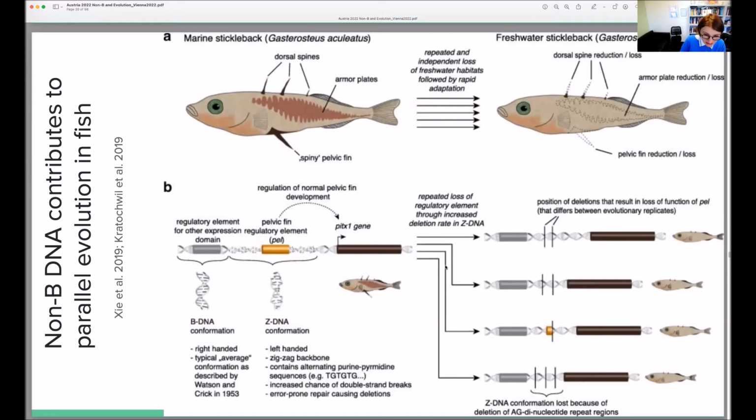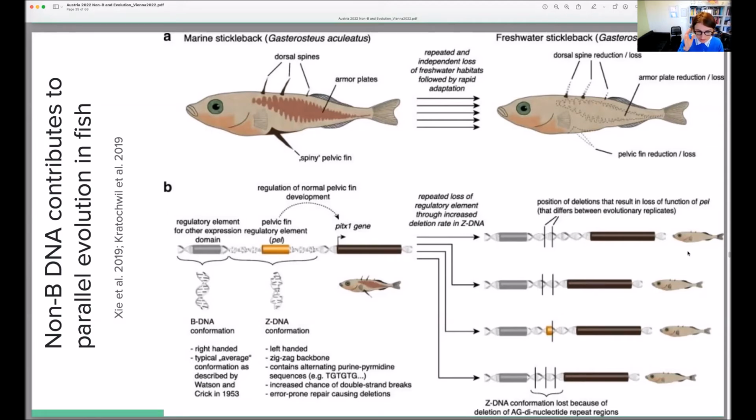And as a result, there is a repeated loss of this regulatory element in the freshwater fish, because in freshwater fish, it is advantageous to lose this element and for this gene not to be expressed. So it's picked up by selection, but the mechanism here is a parallel evolution, a repeated evolution that occurs again in the freshwater fish.